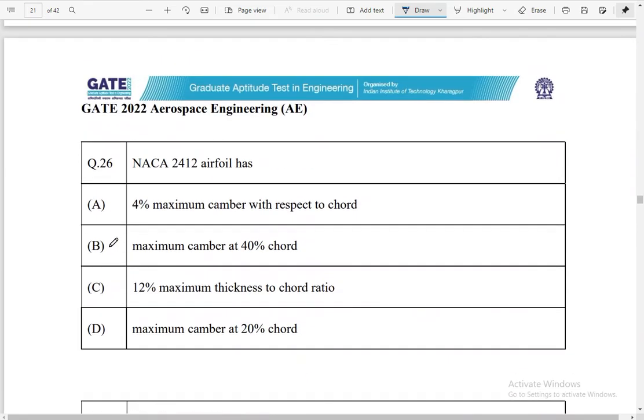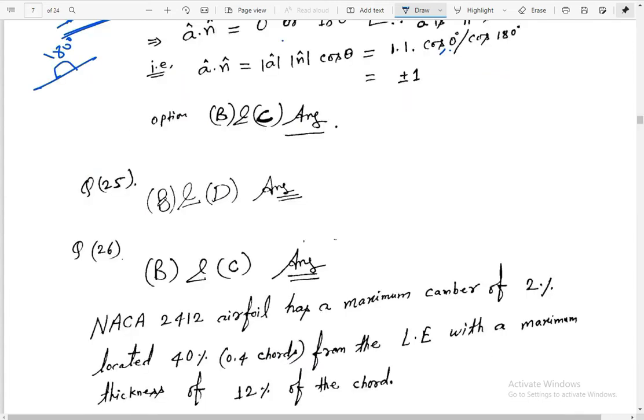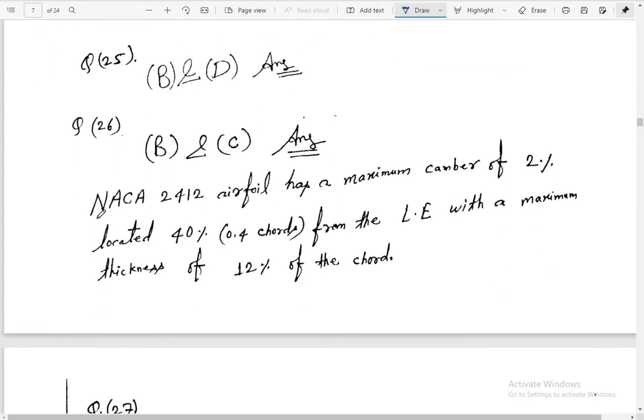NACA 2412 airfoil has, here I mentioned some concepts, a maximum camber. According to this number, it means maximum camber of 2%.